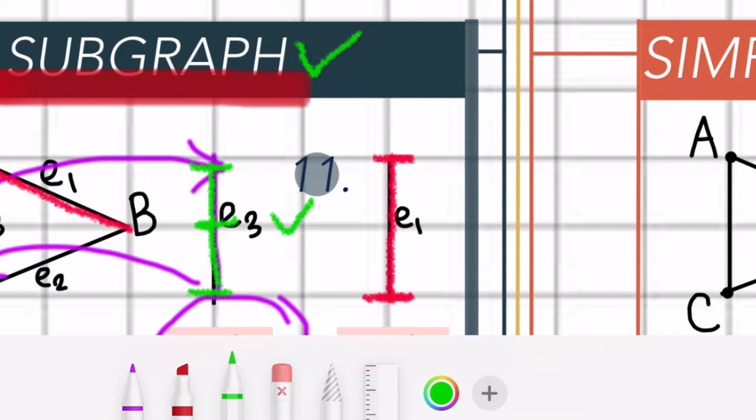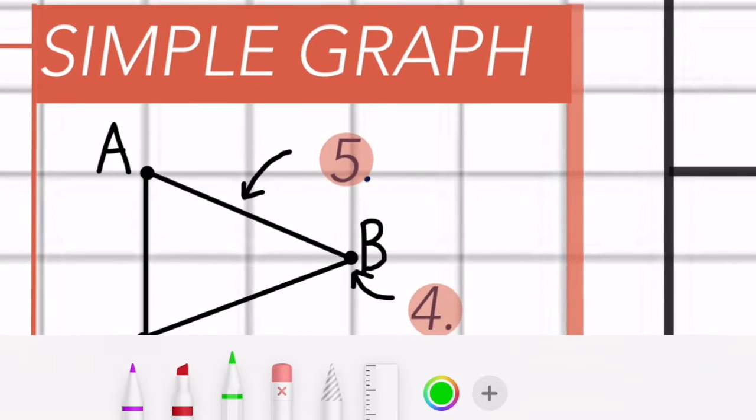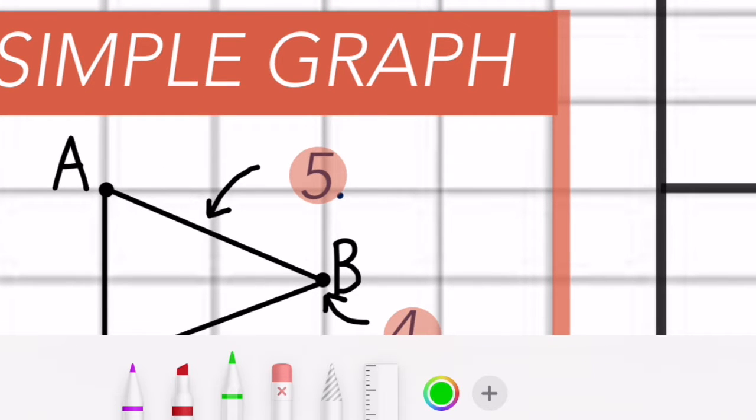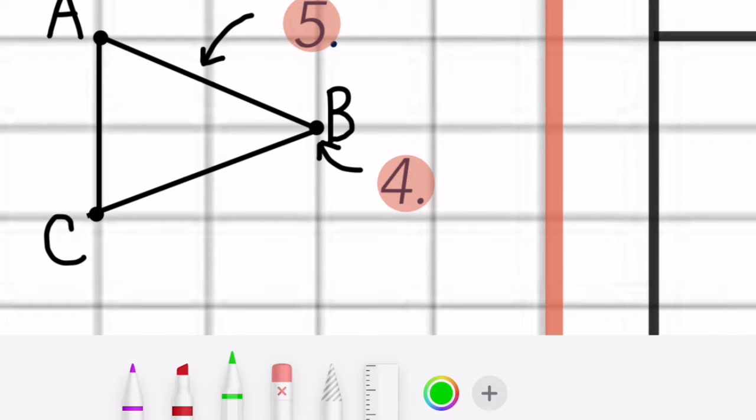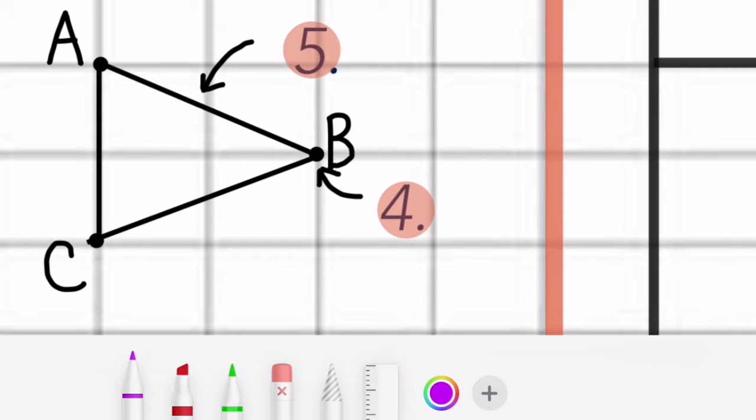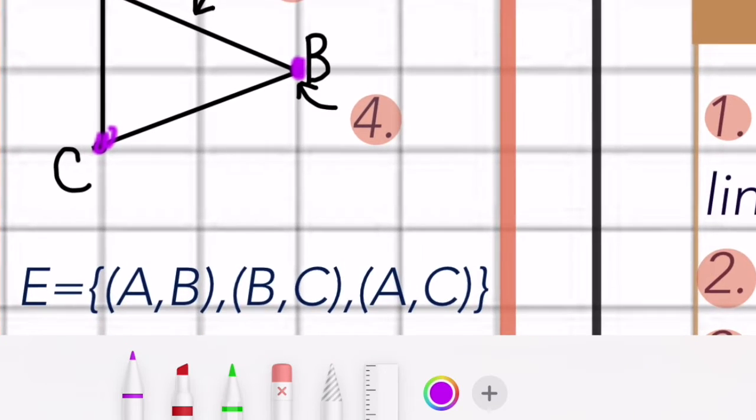Okay, now let's revise on simple graph. What it means by simple graph. Simple graph means if you have the graph looks like this, whereby you got point A, vertices A, B, C. So let's have a look.